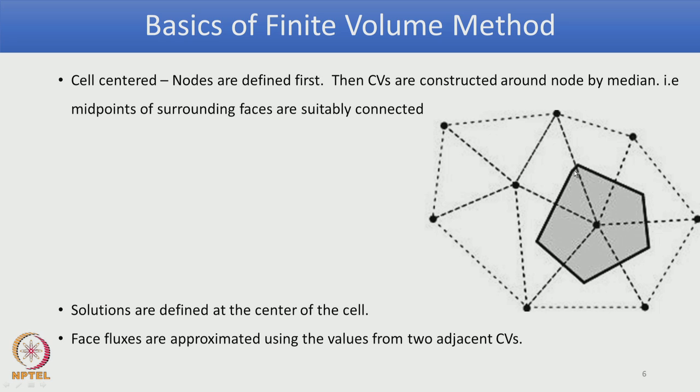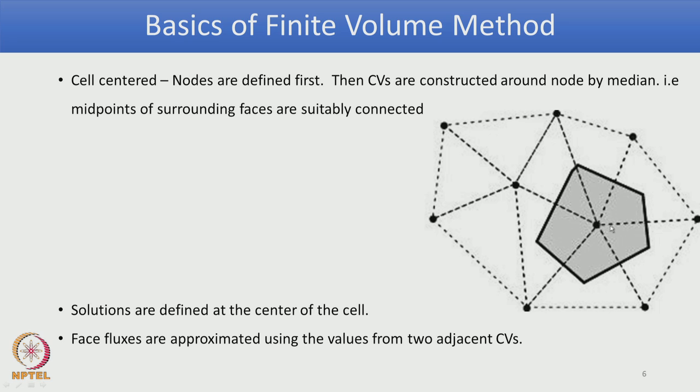So, if you look at this figure, there is one vertex here, the immediate adjacent vertex is here, and you take a midpoint and you have a face, a control surface of the control volume, passing through the midpoint. So, CVs are constructed around the node by median or midpoints of surrounding faces which are suitably connected. So, for each of these control volumes we construct a face, then if you see they are all cell centered control volumes.